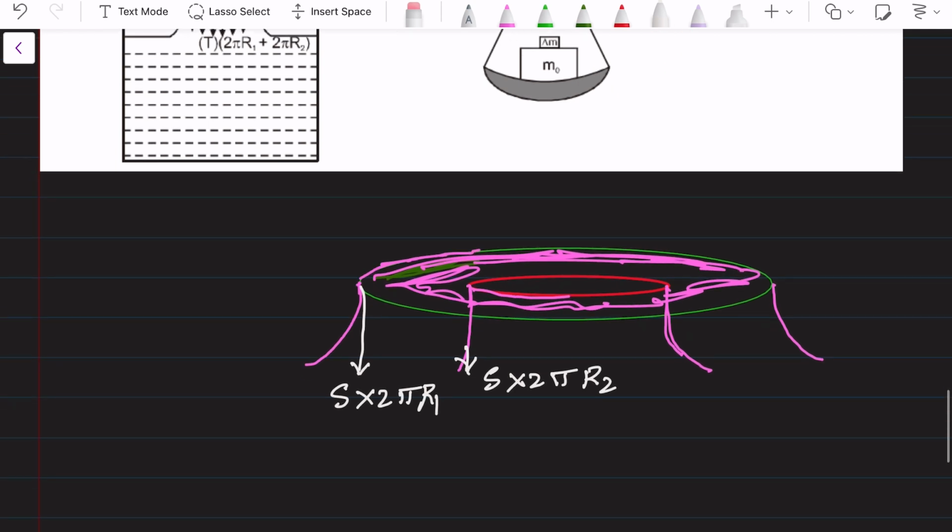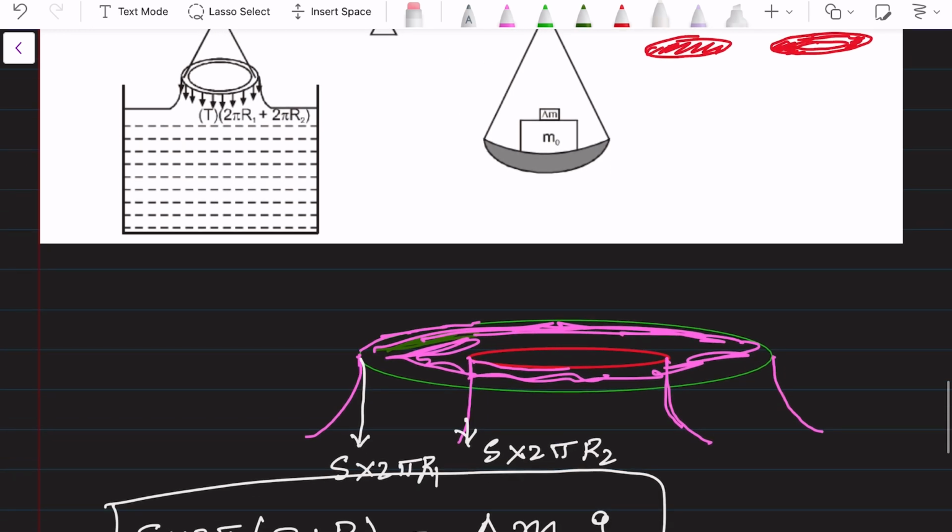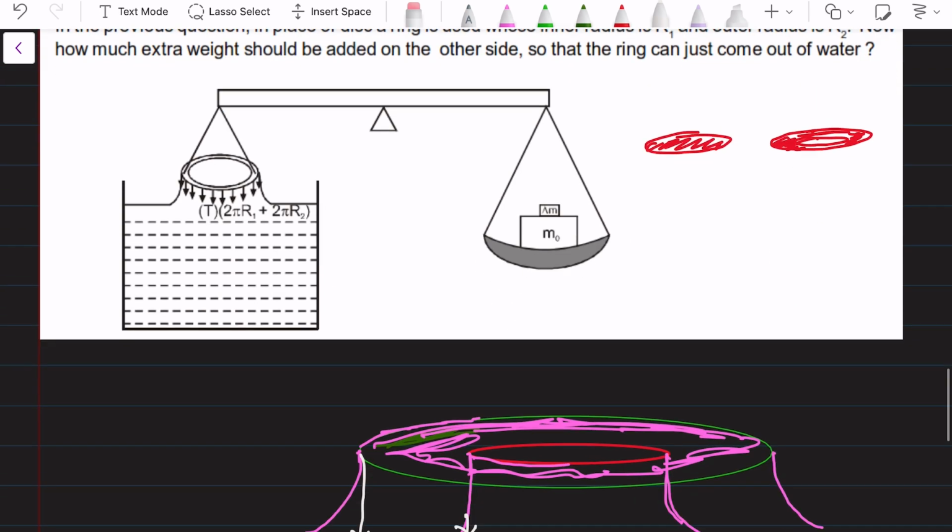So the net total force S into 2 pi (R1 plus R2) has to be overcome by the extra weight. So here the extra weight will be given by this particular expression. I hope you have understood the difference in these two questions.